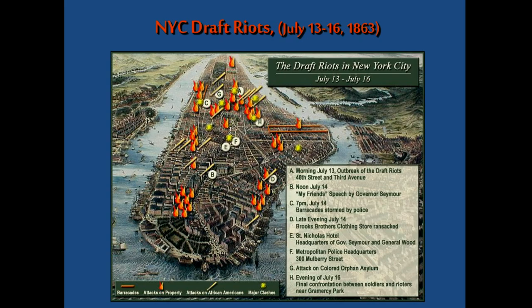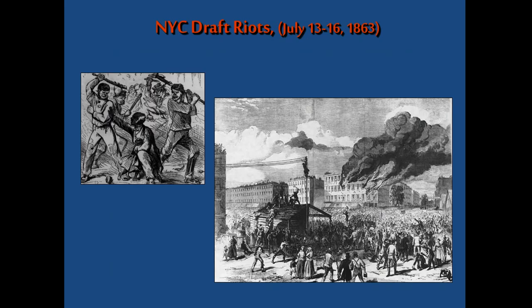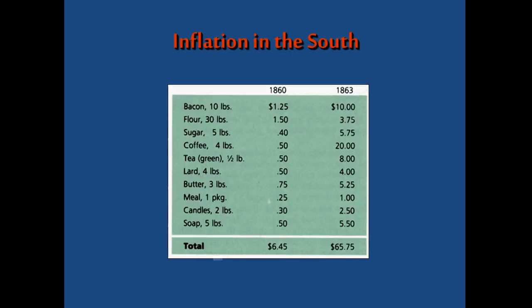It's an untold story of the war, but it's important to note that the war was not necessarily popular to fight among some. More pictures of the New York City draft riots here. As a result of all of this, the inflation in the South starts choking prices and making them go higher, choking the supply of things. As you can see, in some of these, it's a very difficult situation.